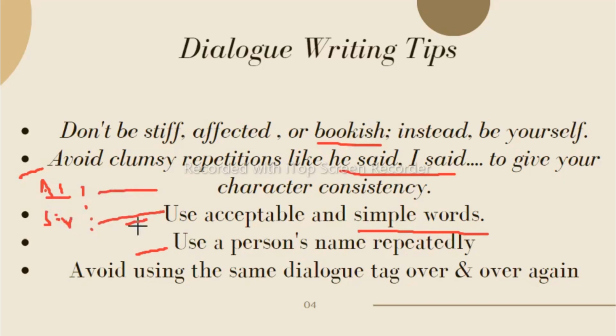In that way you have to repeat the sentences, then again the accountant will come, then sir, then accountant, then sir, in that way. If students and a teacher are there, student then teacher, then student, then teacher. So here you have to use a person's name repeatedly. And here you have to avoid using the same dialogue tag over and over again. You should not use the same dialogue again and again.